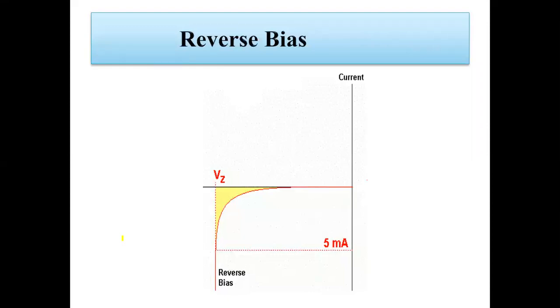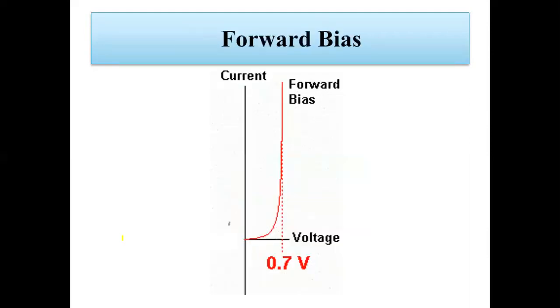After a certain amount of voltage, with the increase of voltage, the current increases so rapidly, and this voltage is known as Zener voltage, this point is known as the knee point, and this region is known as the knee region. The knee region, knee voltage and leakage current all happen in reverse bias, and in forward bias we only have saturation current.